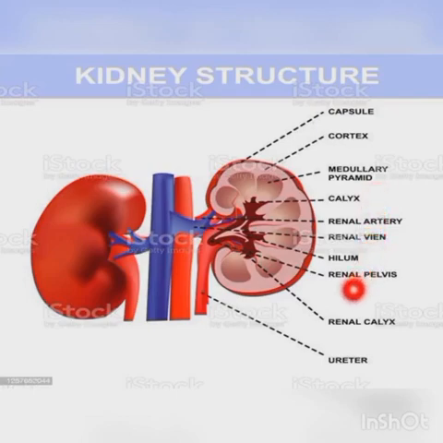Then a central region is present that is known as renal pelvis. Here a tube-like structure is present that is known as ureter. Kidney forms the urine, and actually urine is formed in the nephron, that is the basic structural and functional unit of kidney.